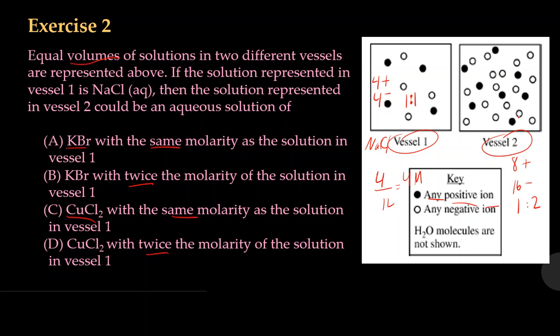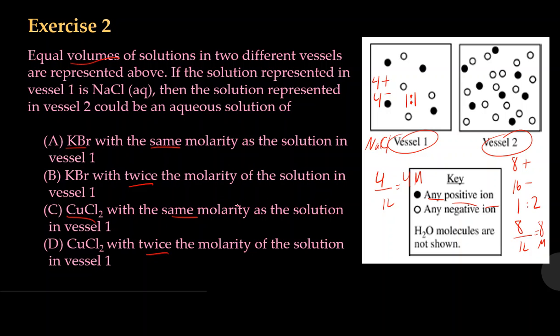And over here, since this is a 1 to 2 of the cation to the anion, we want to base the molarity off of the formula unit. So that would be 8 over 1 liter. This would be 8 molar, at least for the positive ion and for the formula unit.